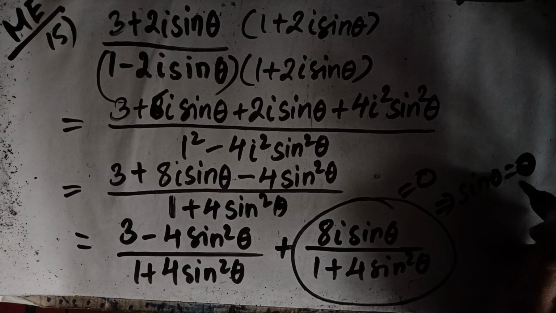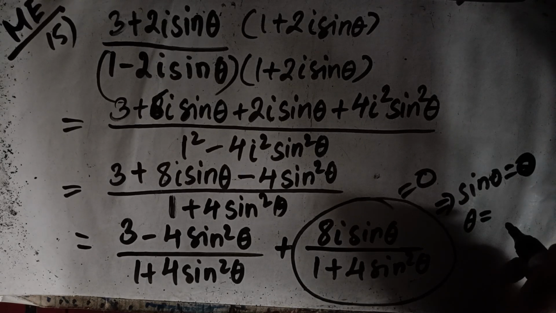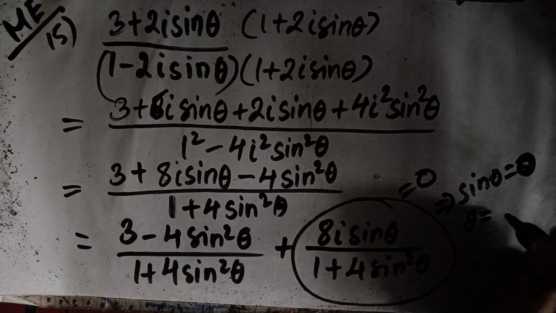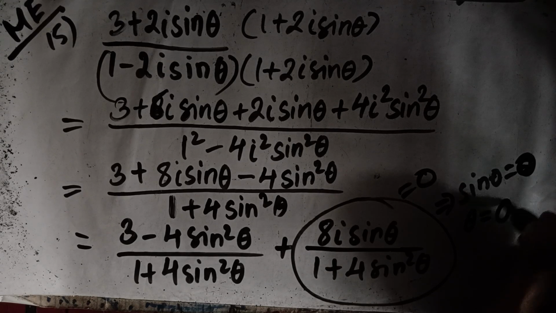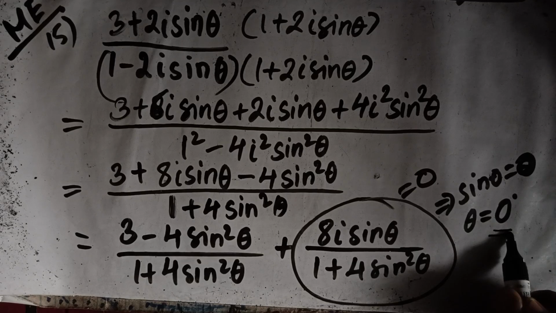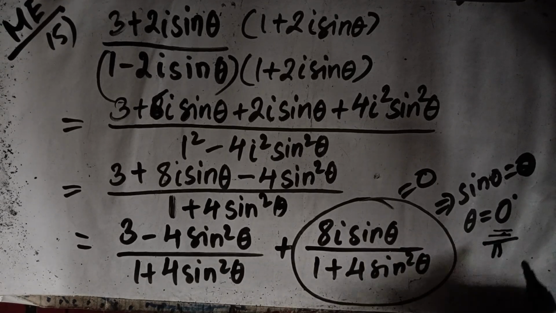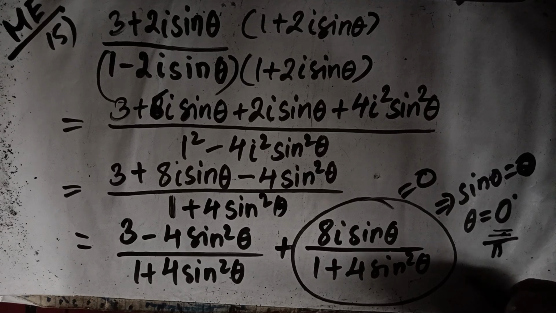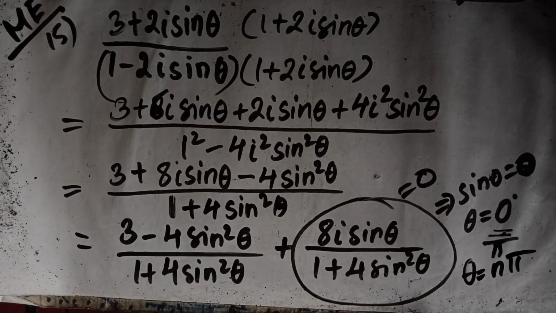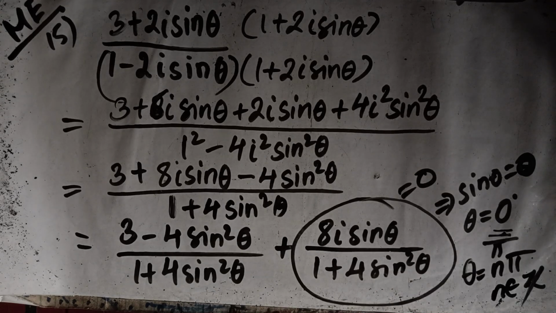So at which value of theta is it 0? At 0 degree. And this is for a specific value. We want it in general. So for pi also it is 0, right? So we can take theta as n pi, an integral multiple of pi, where n is an integer.